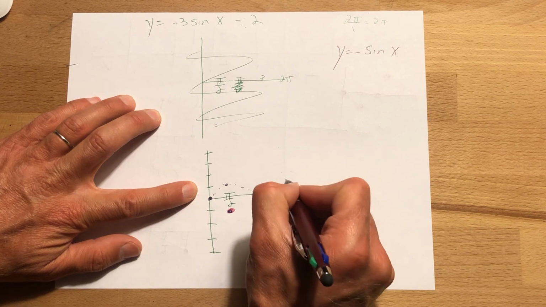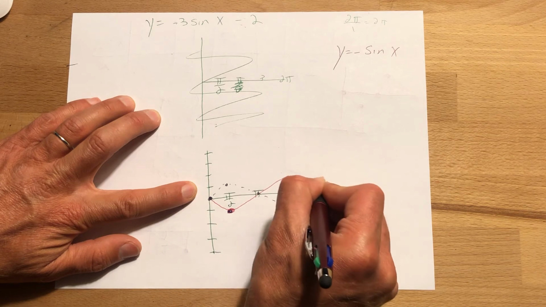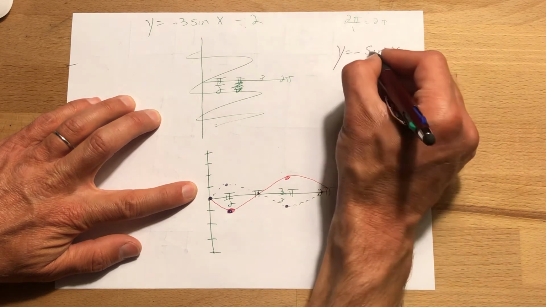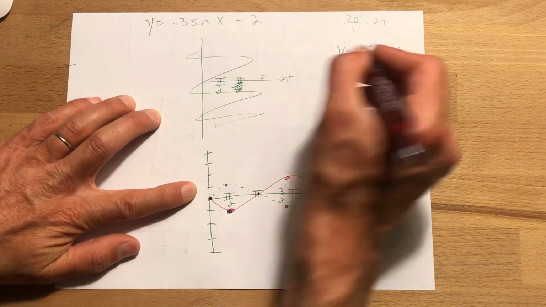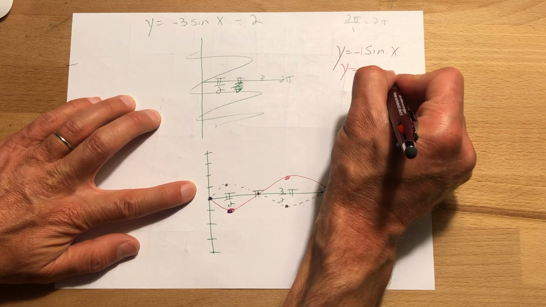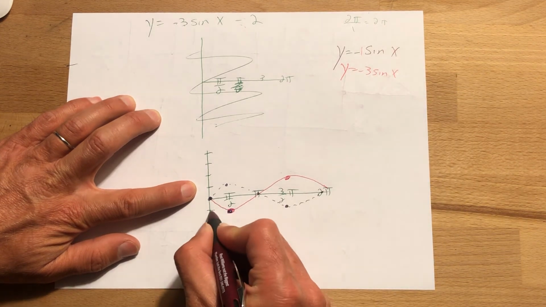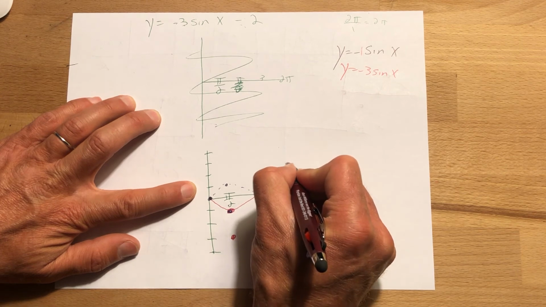This point would flip. So here is my y equals negative sine x, because there's an invisible 1. But it's y equals, look, -3 sine x. So that means this is going to go down to 3, up to 3.